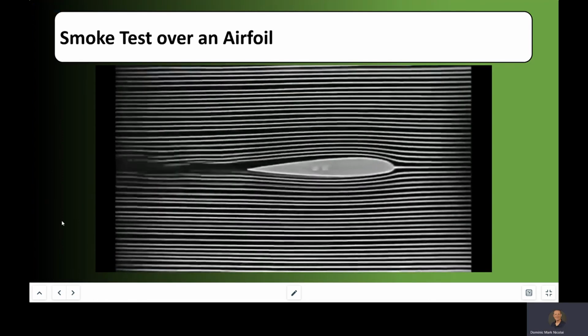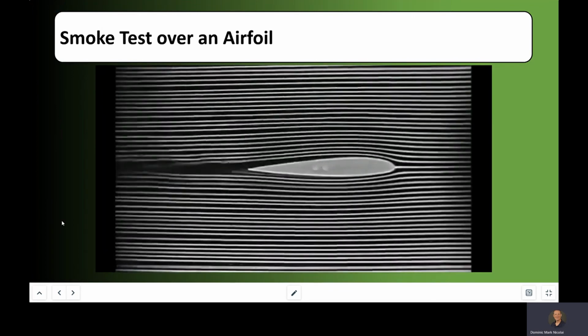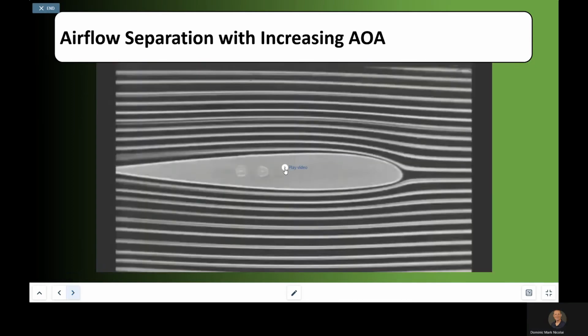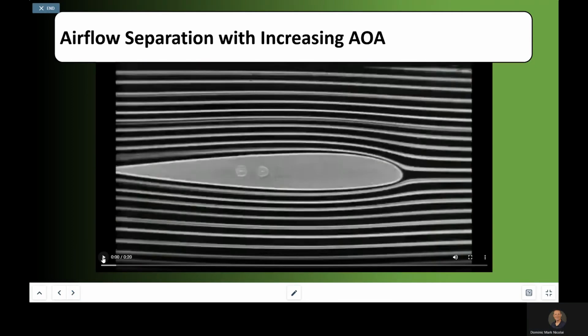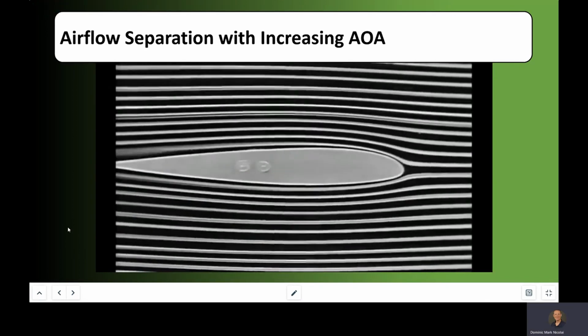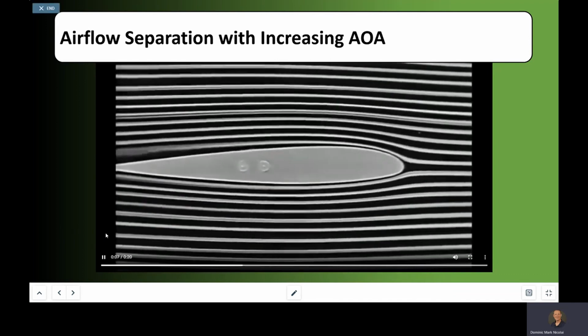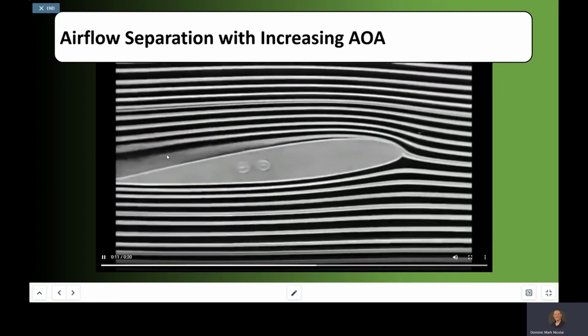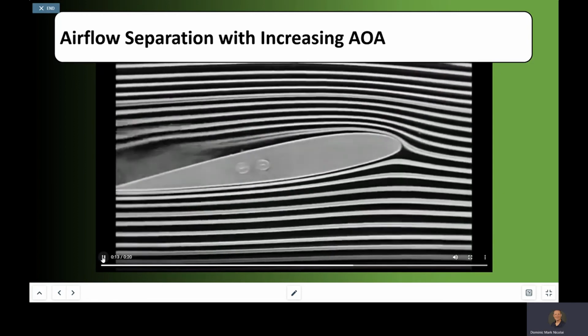All right, let's take a peek at an airfoil where we actually start changing the angle of attack. We see smooth airflow above and beneath the wing. Now with that airfoil increasing its angle of attack, we can begin to see that the airflow is still adhering to it, but then begins to have a separation point.